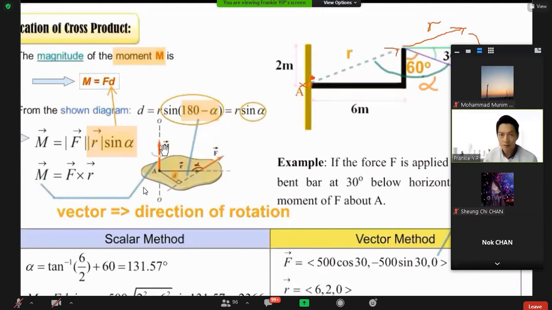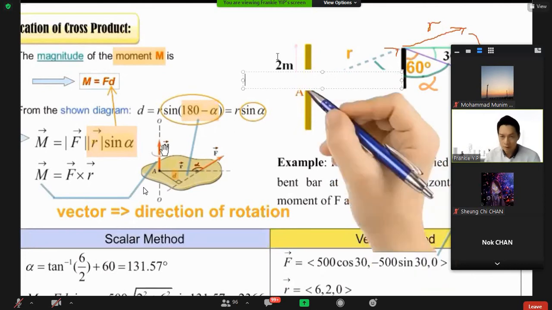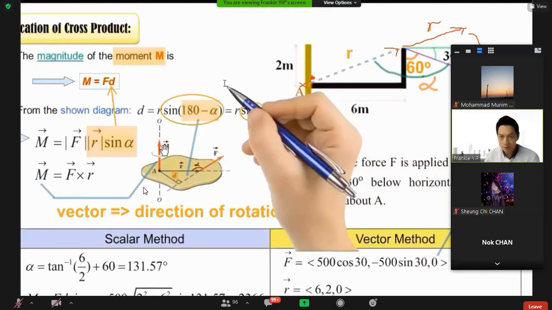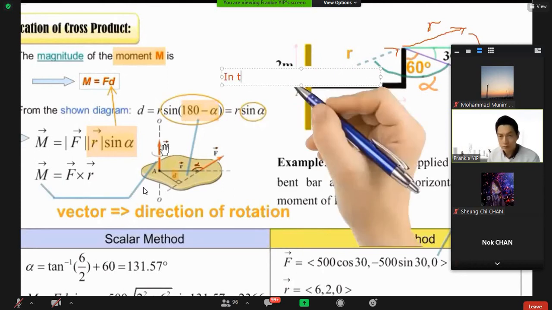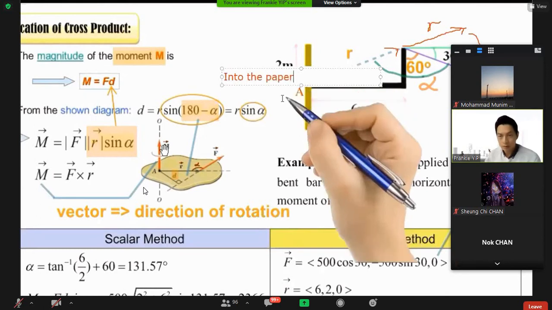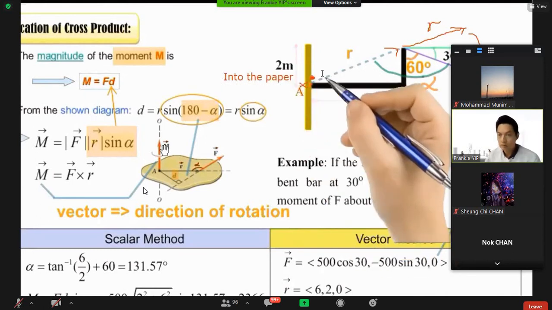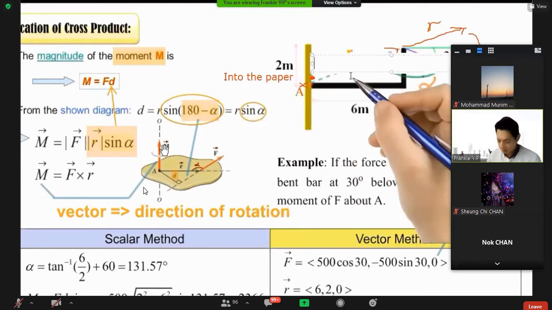Okay, so let's see. This one is into the paper, for the cross. And this one pointing upward is out of the paper.